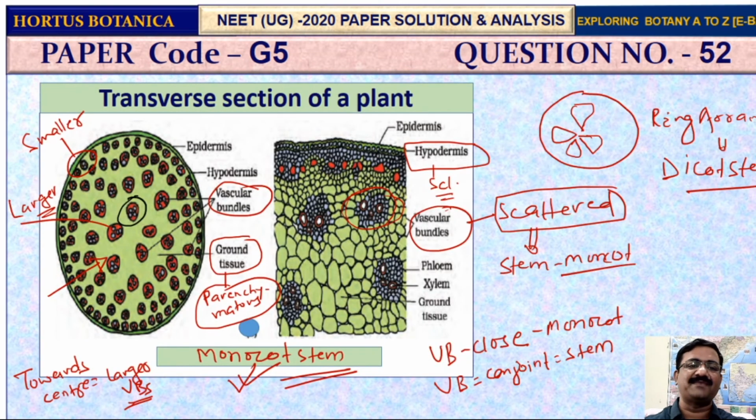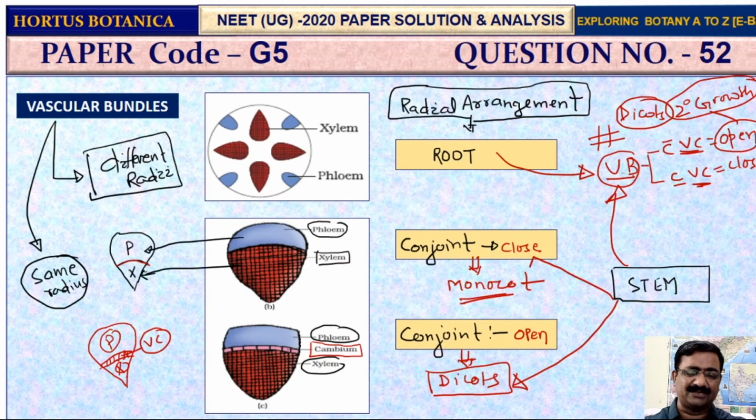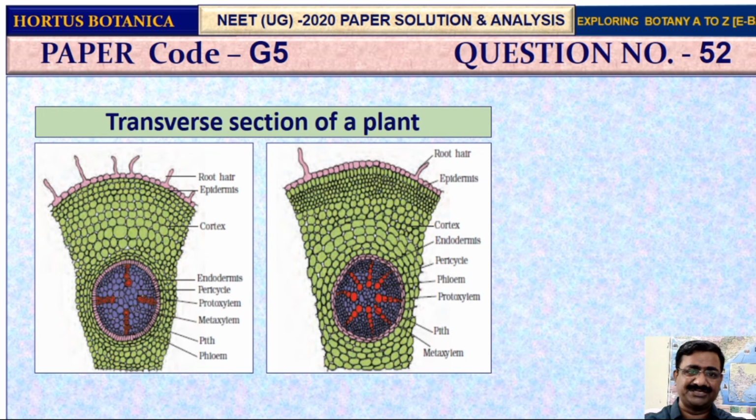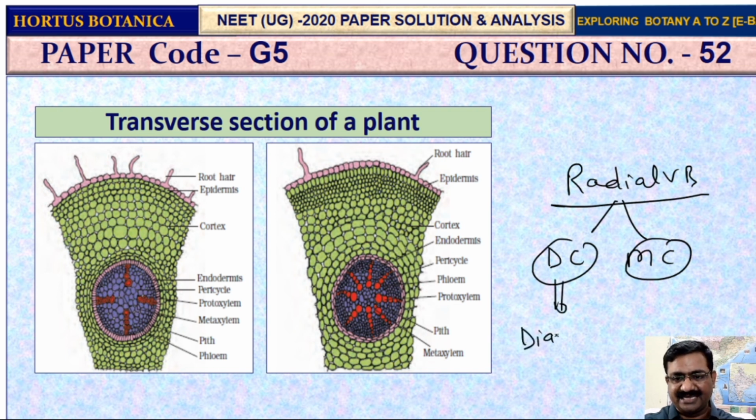So this is all about this question, its exploration and all details. Since it was not conjoint, this is the radial condition. If you are talking about the radial vascular bundle, then it might be dicot or monocot. But in dicot, usually it is diarch to tetrarch, exarch. Generally it is tetrarch, you remember.